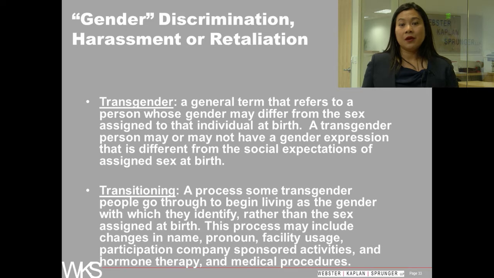So in a scenario like this, if an individual is transitioning, for example, from male to female, that individual should have the right to use the bathroom of their choice, which in that specific scenario is the female restroom. And it's going to be incumbent upon the company to have an open and honest dialogue with all its employees to make sure that everyone is made comfortable and that the rights of everybody are protected.